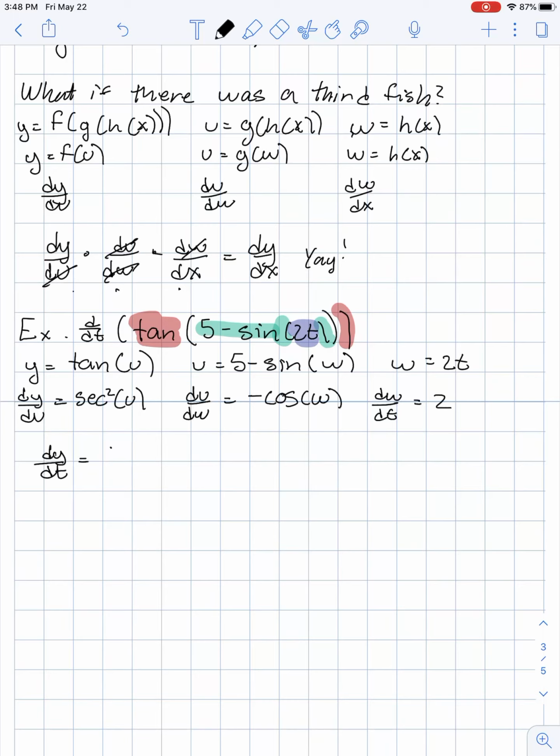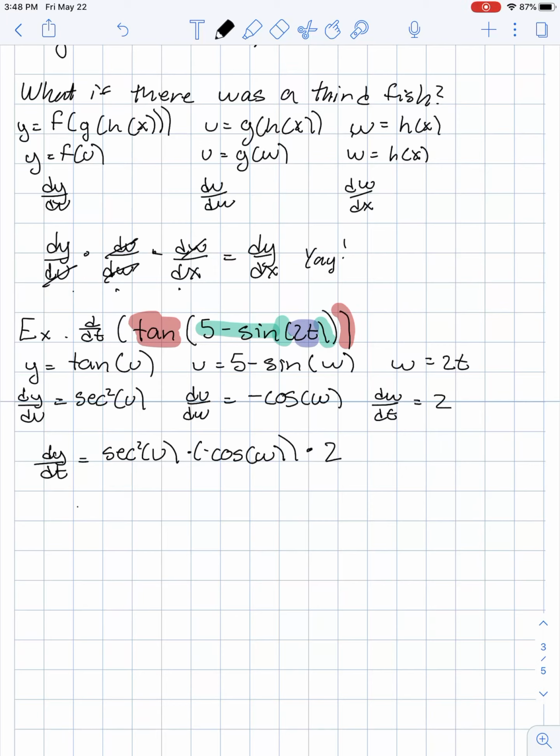So I get that dy/dt equals secant squared u times negative cosine w times 2. Well, my question gave me something with t in it, and now I have u and w.